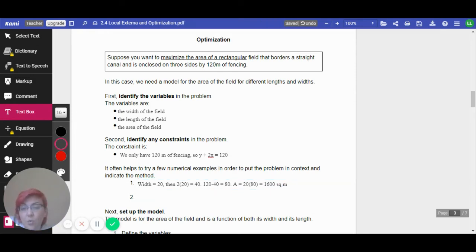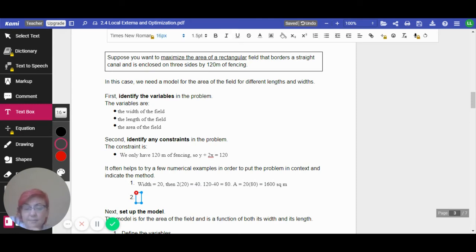All right. Well, what's something else we could do? Maybe say the width is 50. Then 2 times 50 is 100. So, okay, what's that leave for length then? 120 minus 100 equals 20.